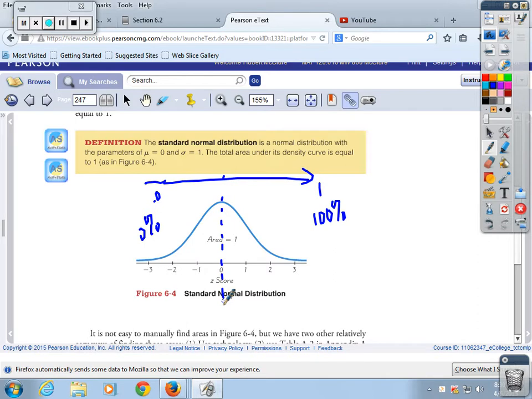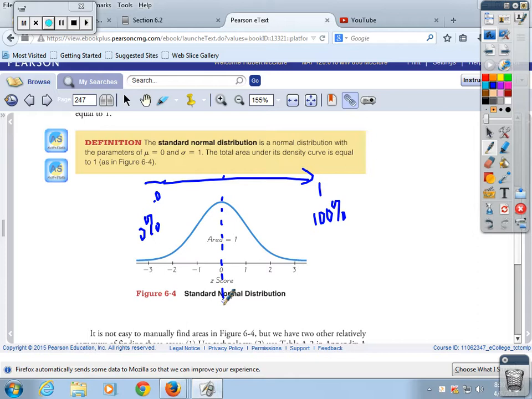So common sense wise, if you pull a 2.23, you know that you're going to have a more than 50% probability. Versus negative 2.23, you know you're going to have less than 0.5 probability.